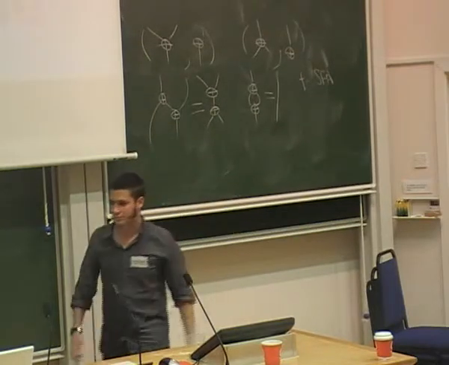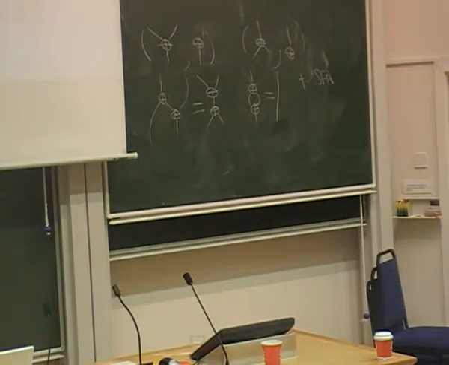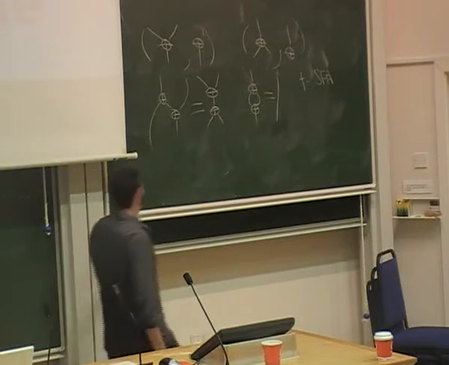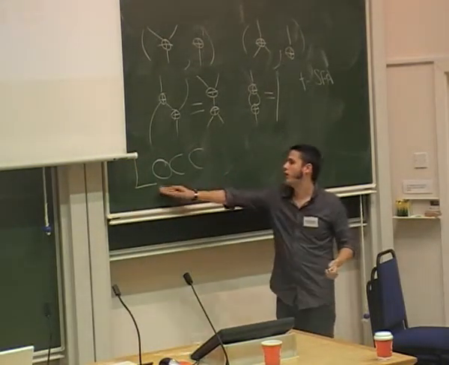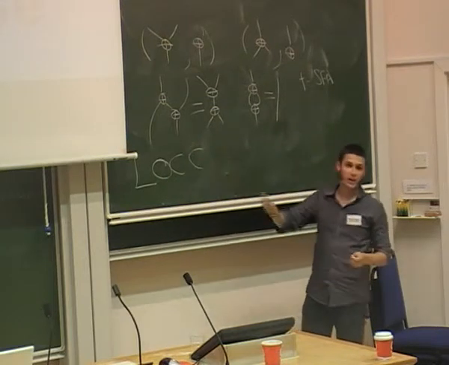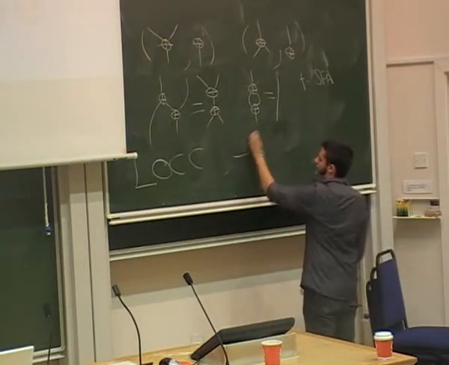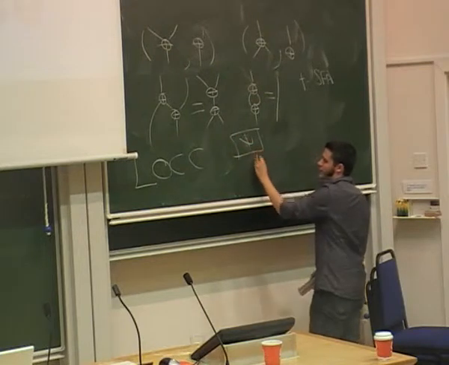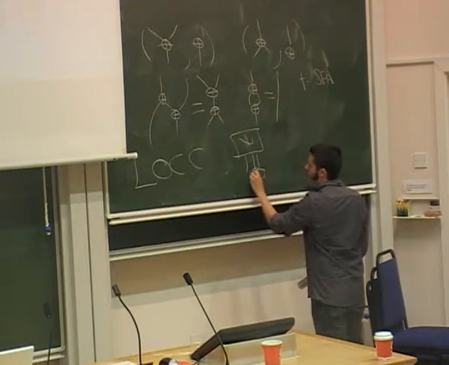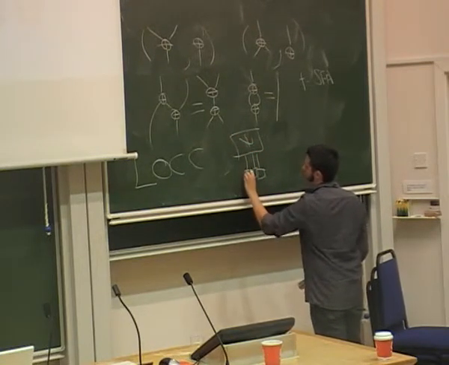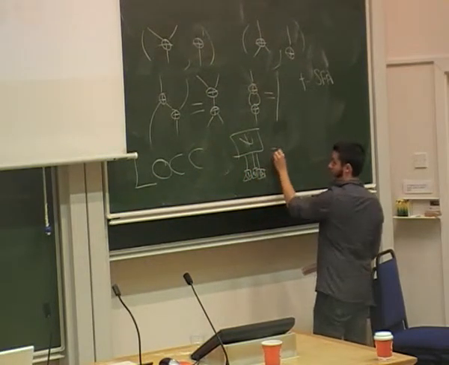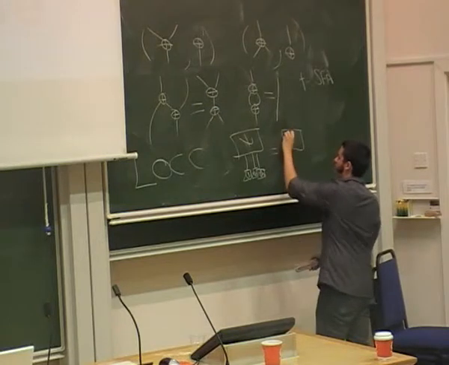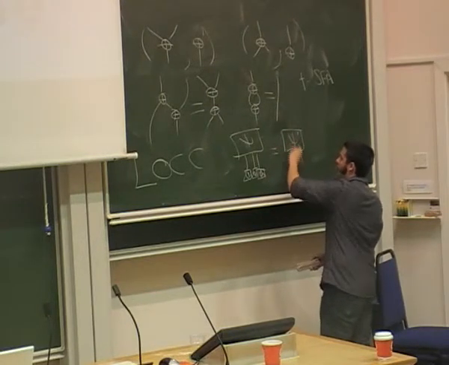I imagine anybody that's done entanglement theory has heard of LOCC at least, which is local operations and classical communication. Essentially, if you have some state like this, you can do local unitaries on it to turn it into some other state, state prime.